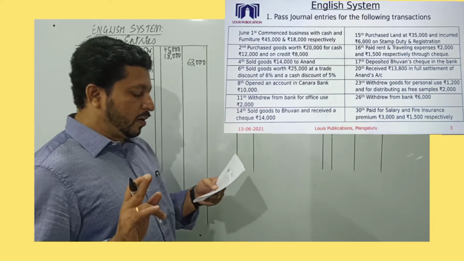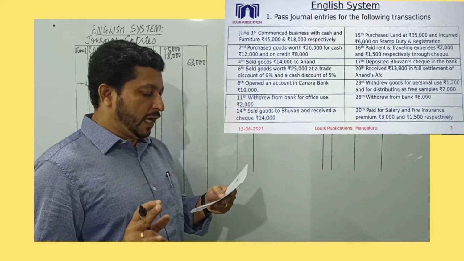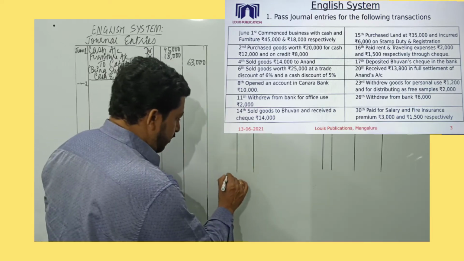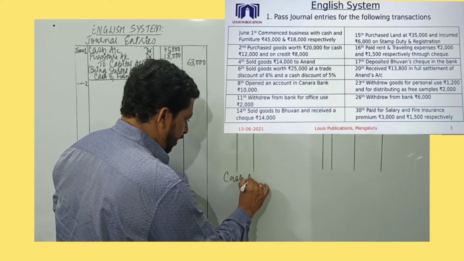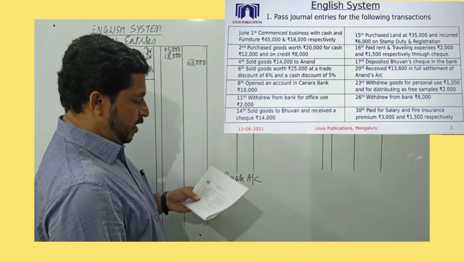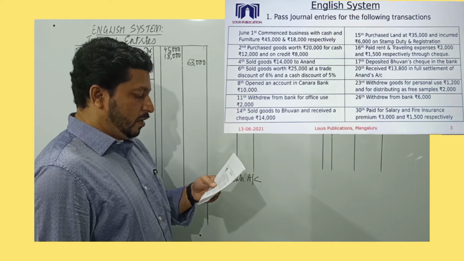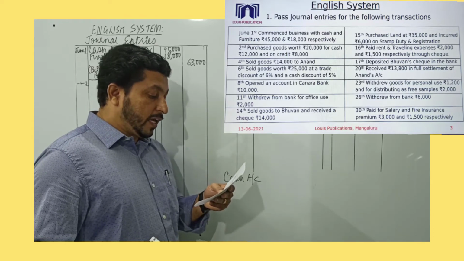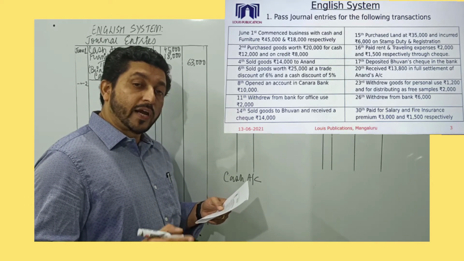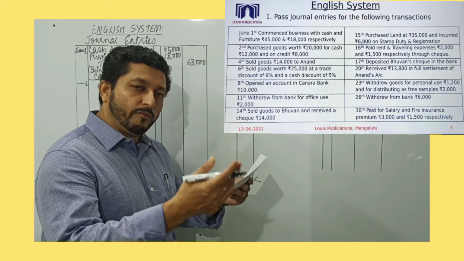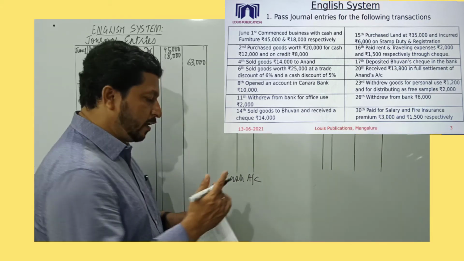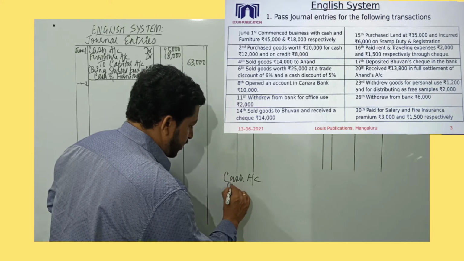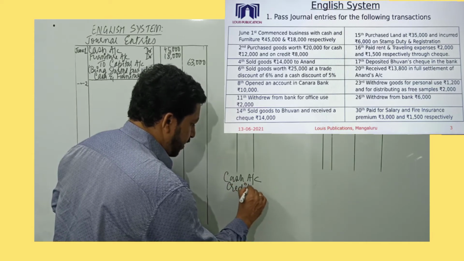So first we will read the transaction and find which accounts are present. The word cash is given, so I record the cash account. It is a cash transaction, so the account present is the cash account. Then it's given for cash 12,000 and on credit. People from whom we purchase goods on credit are called creditors.